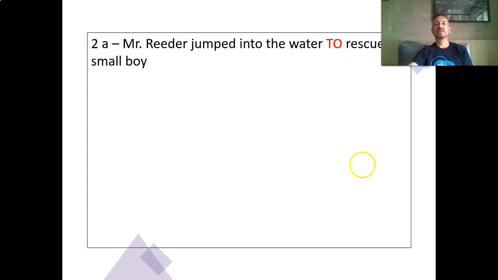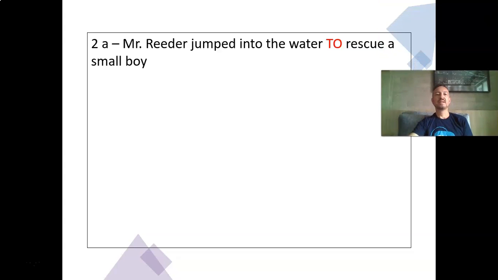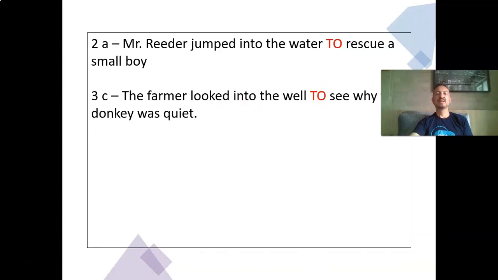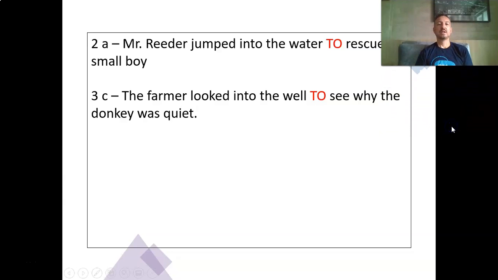And how can I write those sentences? So those sentences are like this. Mr. Reader jumped into the water to rescue a small boy. The next one. The farmer looked into the well to see why the donkey was quiet. So this is the reason why he did that.